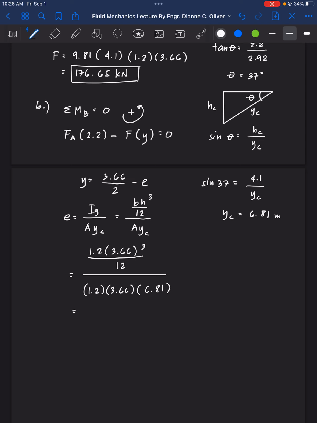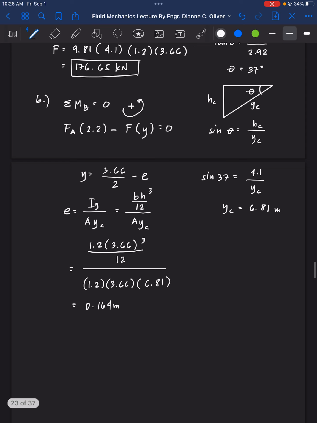So what's now the value of E? 0.164 meter.